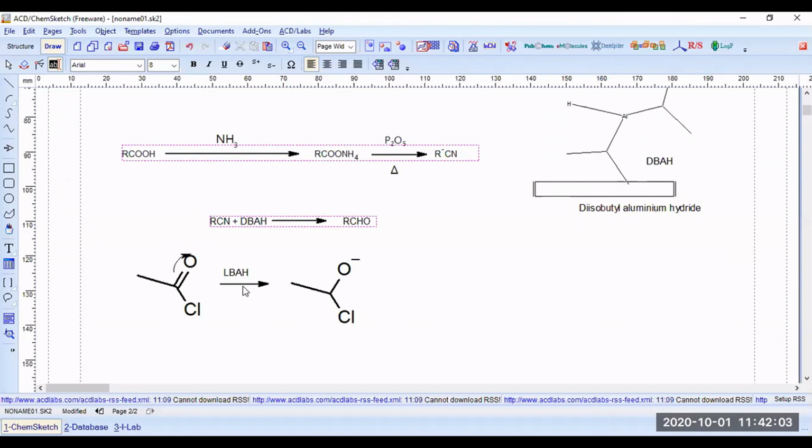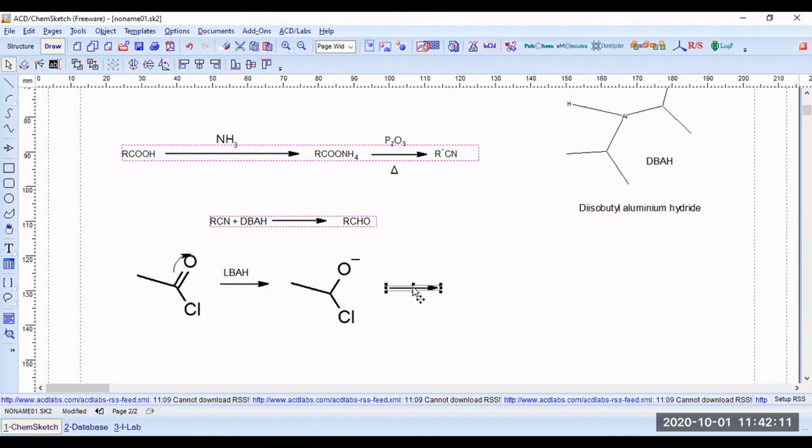Next step, the mechanism of formation of aldehydes from acid halides. Here you write hydride ion transfer, instead of H minus. If hydride ion transfer is there, what will happen?